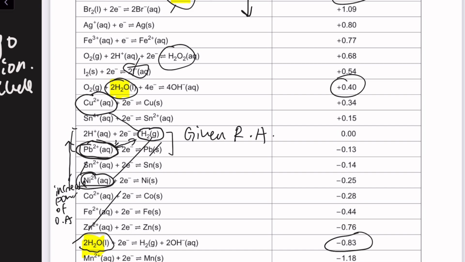We get spontaneous because the copper ion is very powerful, even more powerful than the redox conjugate of hydrogen gas, so they will preferentially react. In the case of nickel or lead, because the conjugate of hydrogen gas is a stronger oxidizing agent than the lead ion, you need energy. You need to put in rather than produce energy for this reaction to occur. So this is how you predict whether the two species would react.